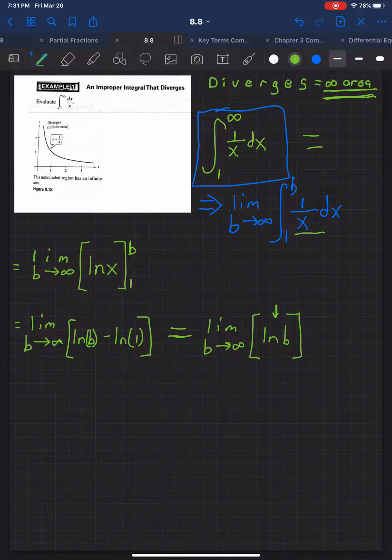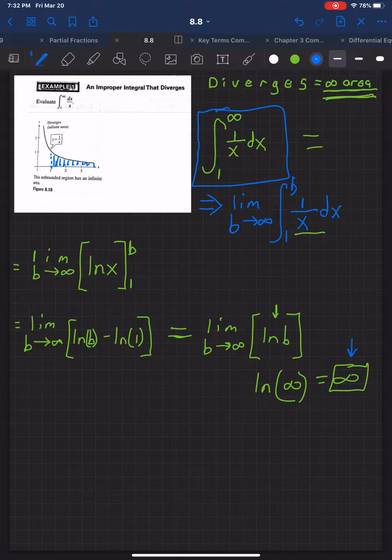In fact, if you were to think about ln of infinity, you would actually just get infinity. So what does all this mean? It means that the area under this curve from 1 to infinity is infinity.